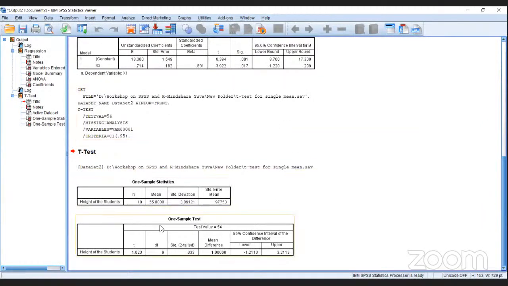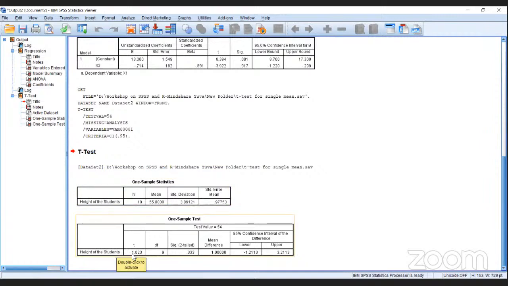Okay, so what it has actually given is mean is 55, standard deviation is 3.09. Heights of students.